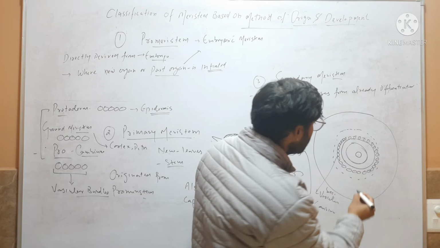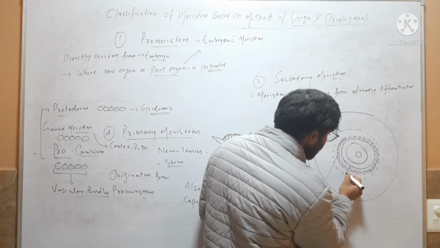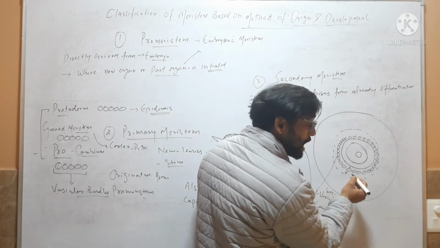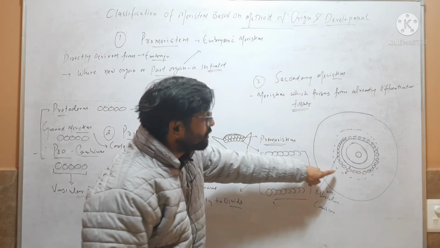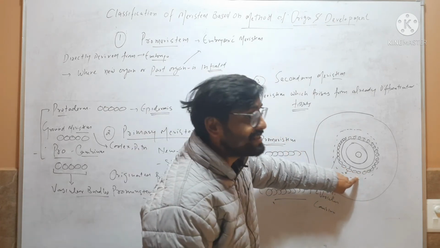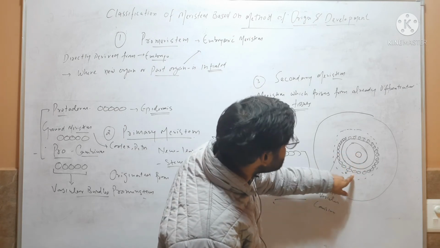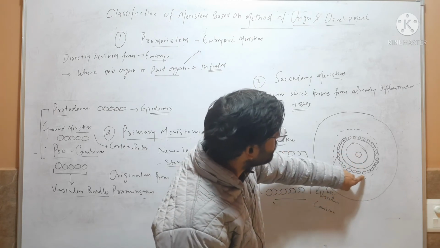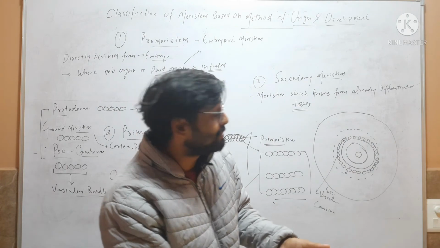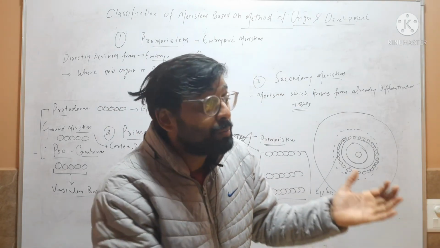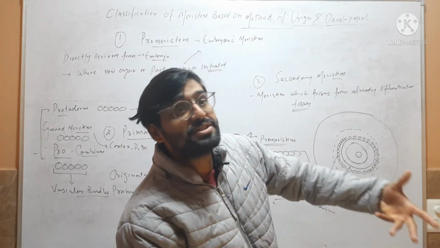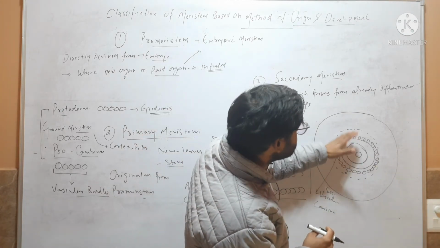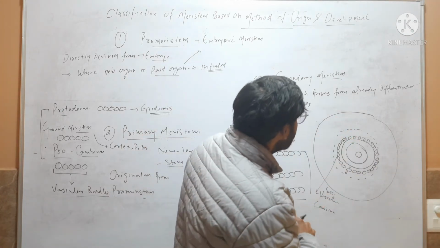It will divide and form xylem towards inner side, phloem towards outer side. So it arises from differentiated tissue because there were parenchymatous cells. These parenchymatous cells will undergo from differentiation to de-differentiation. They will become undifferentiated again and divide.